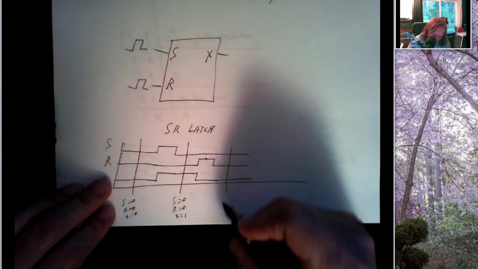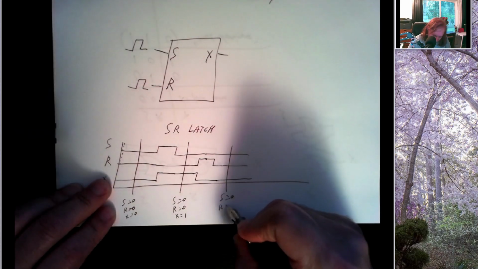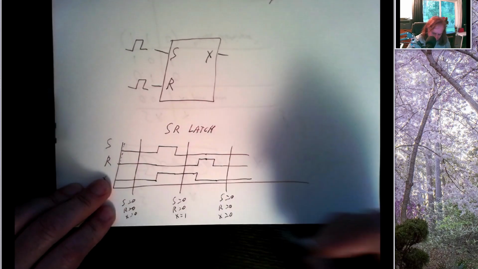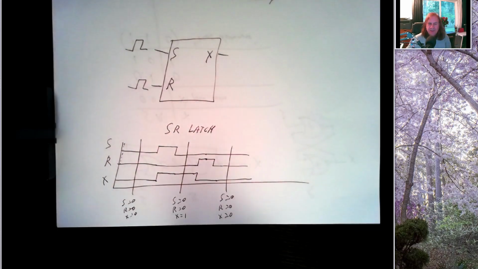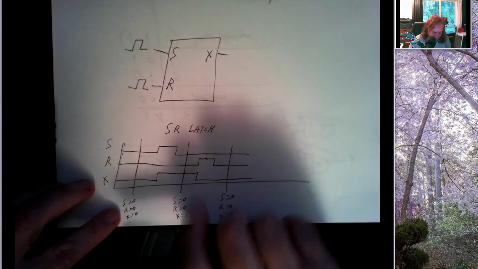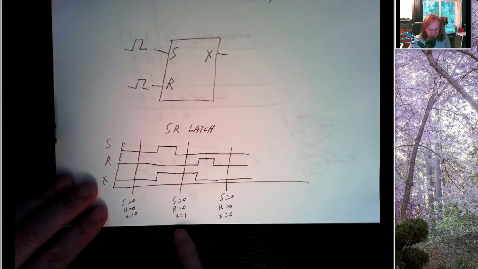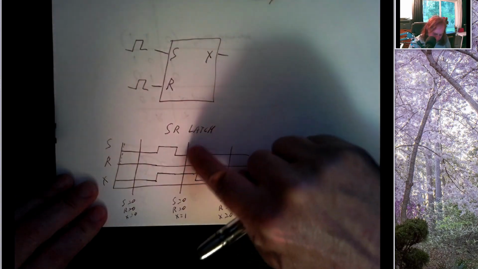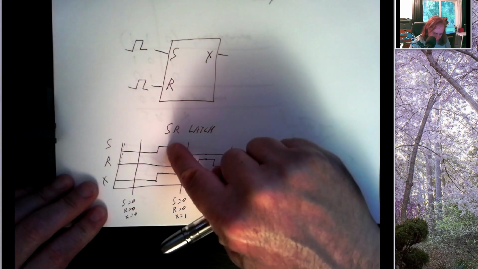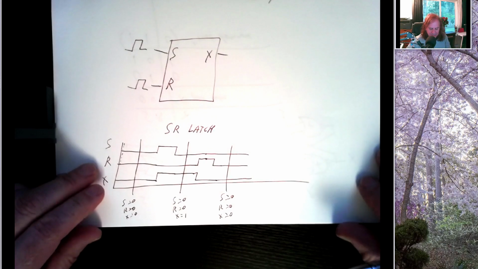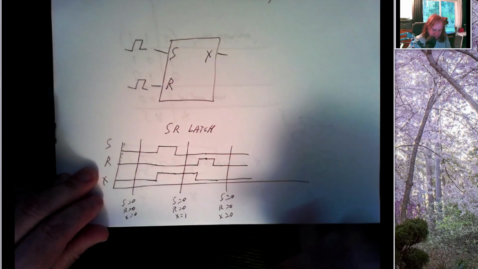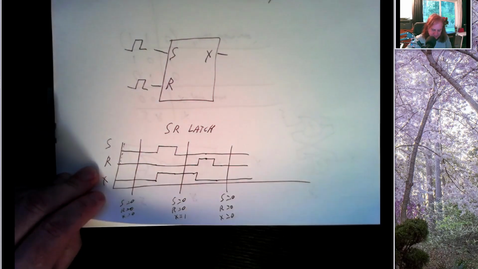And at this point, S equals 0, R equals 0, X equals 0. So simply knowing the current values of S and R does not tell us what the value of X is. To know the value of X, we need to know that at some point previously, S was a 1 while R was a 0. And that's what made the X become a 1.